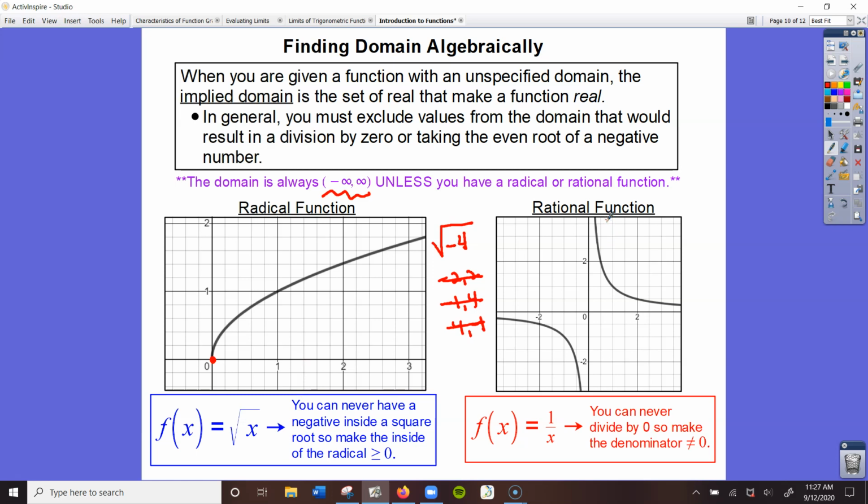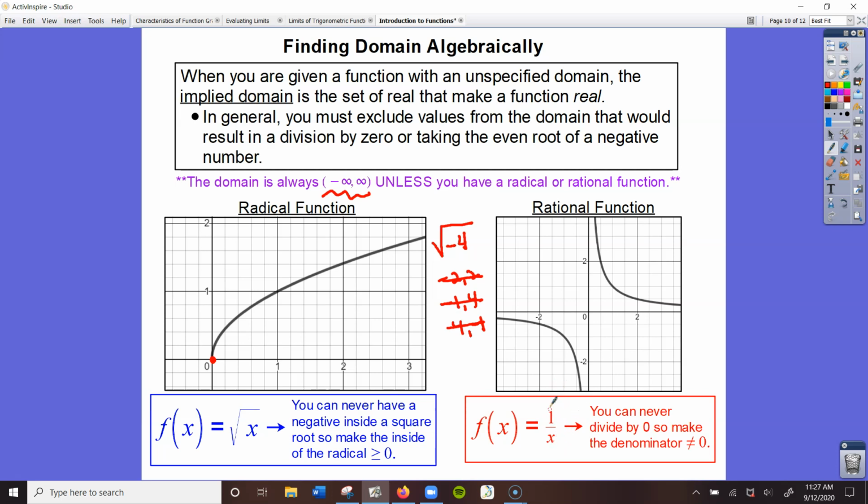Now rational functions are fractions. And the one rule for fractions is that you can never have 0 in the denominator. Remember that fractions are parts of a whole, where the numerator represents the part and the denominator represents the whole. You cannot have 0 as a whole. There's no way that you can have something out of nothing.